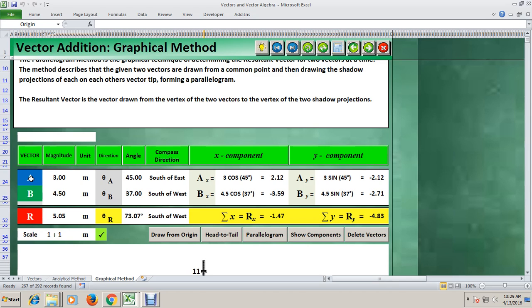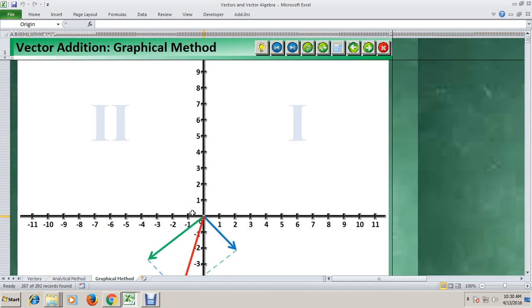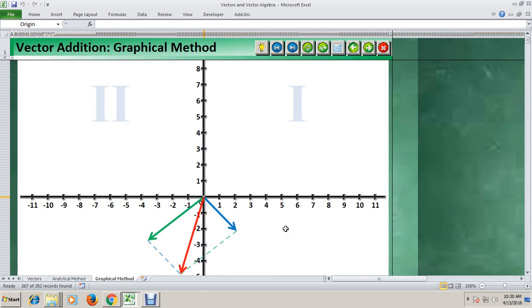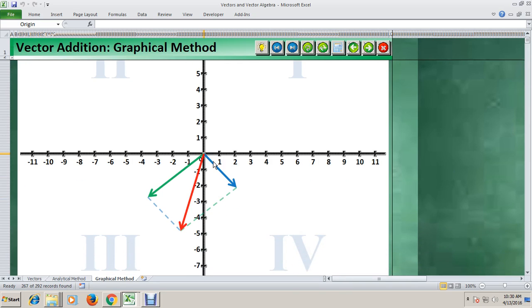Now, the first vector, the blue vector, vector A, is 45 degrees south of east. South of east is located on the fourth quadrant. As you can see here, the blue vector, the first vector, is located on the fourth quadrant.